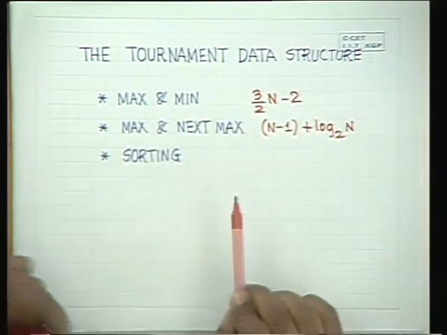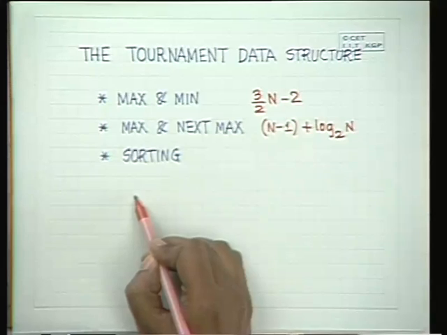Now we come to a very interesting example, the example of sorting. The traditional bubble sort or the exchange sort, which all of us do, have got two loops, isn't it?